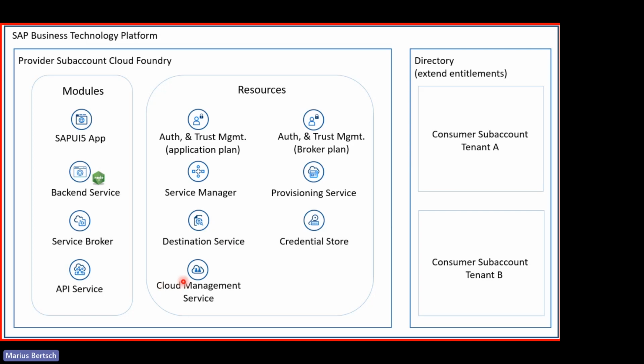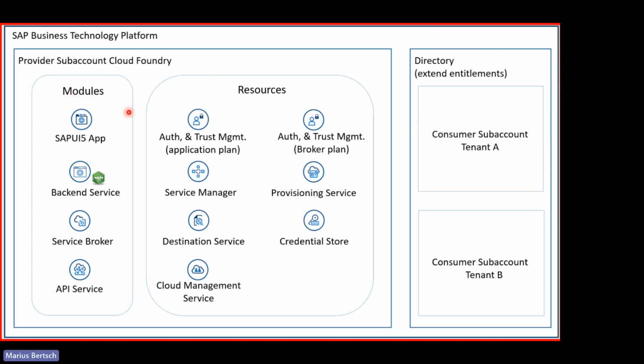If we didn't do that, we would have to call further requests to create the entitlement in each consumer sub-account. So that's the easier way, to inherit that from the directory.